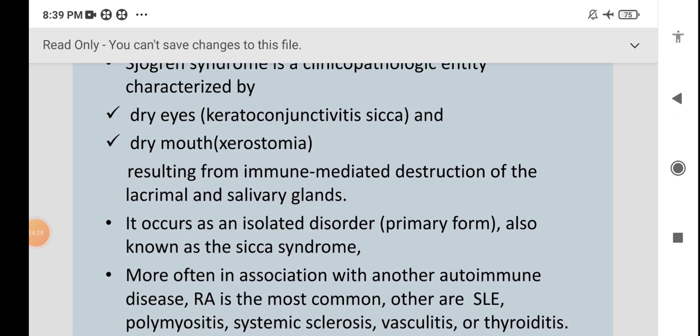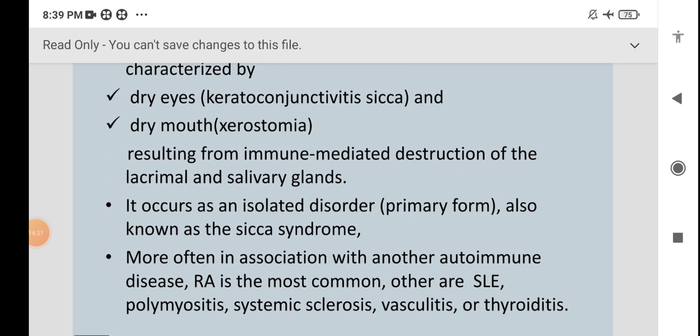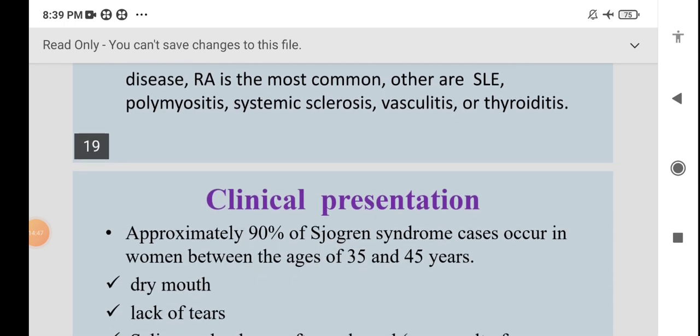It occurs as an isolated disorder, the primary form, also known as Sicca syndrome, more often in association with another autoimmune disease. Rheumatoid arthritis is the most common. Others are SLE, polymyositis, systemic sclerosis, vasculitis, or thyroiditis.